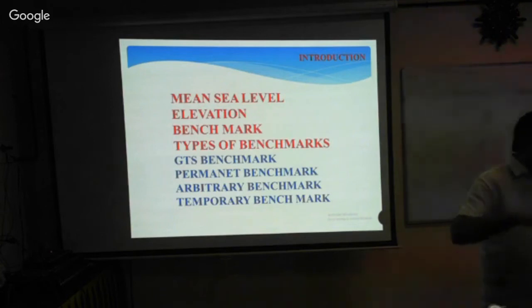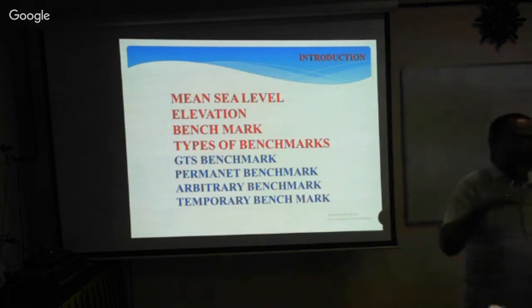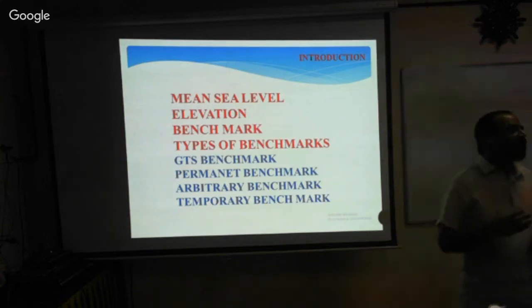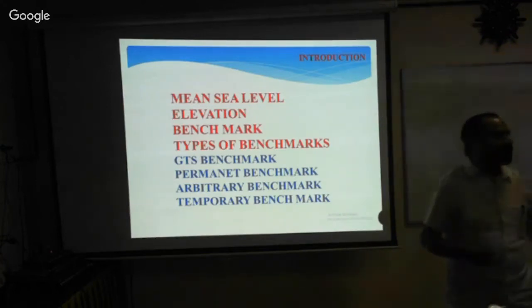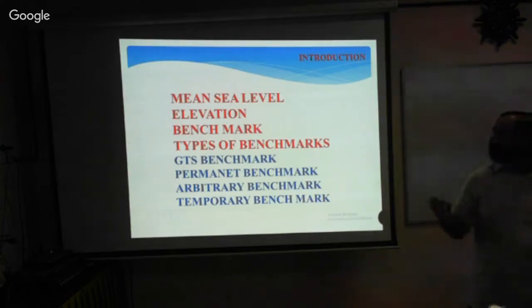They will mark it. Those are called permanent benchmarks. These are established by the city corporation engineers, like the Public Works Department engineers, for their work from GTS benchmarks.